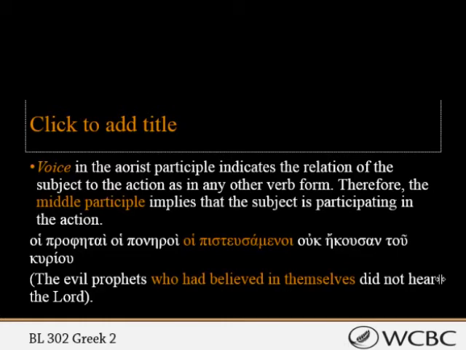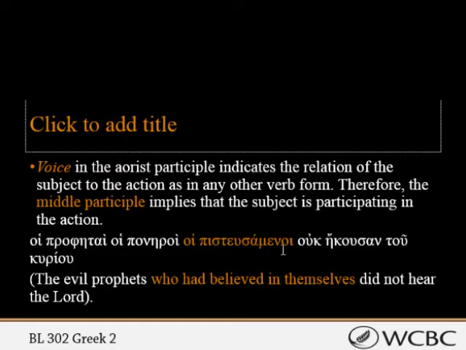So if you look at the slide here, you can see the sentence. We have once again hoi pistusamenoi, and notice that we have an article in front of it, but we also do have the adjective hoi poneroi, and even before that we have hoi prophetai.